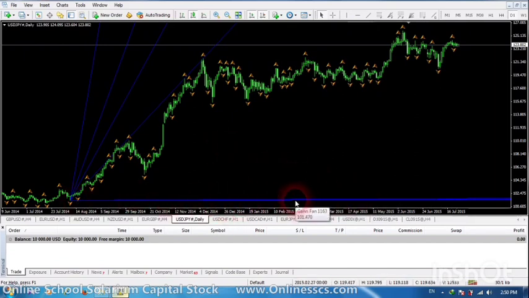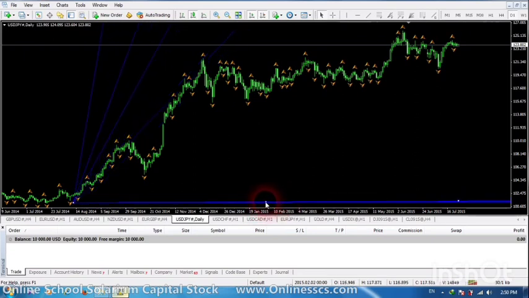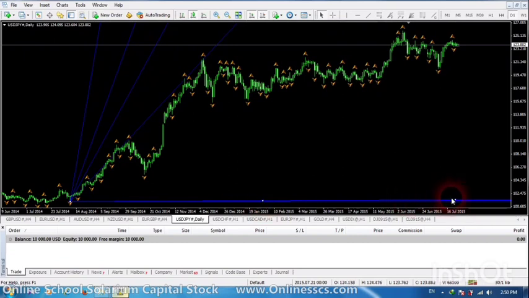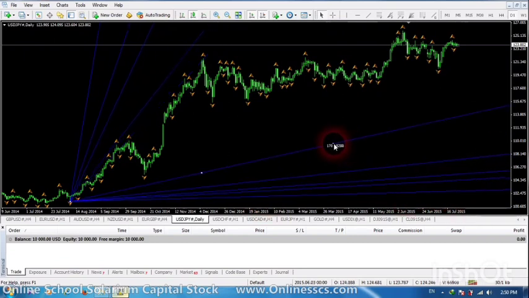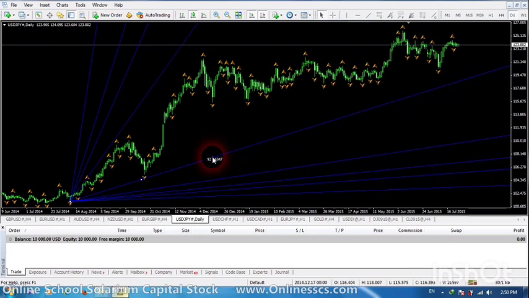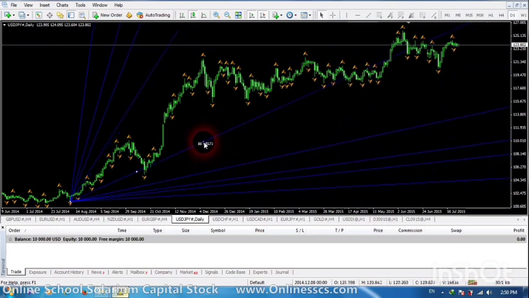And on this straight line here, I can activate a line, and you can see the 2 dots here that are activated. I can drag it and move it higher.